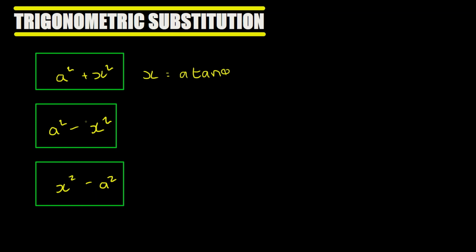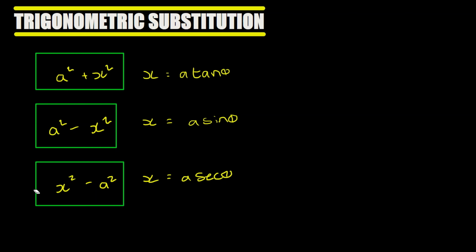Proceeding to our second equation, we can note that our x squared is negative, and this means that for this equation, our x represents a constant multiplied by sine theta. And for our last equation, where we are subtracting the constant, we can let our x be equal to a constant multiplied by sec theta.